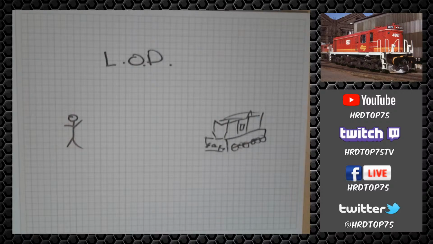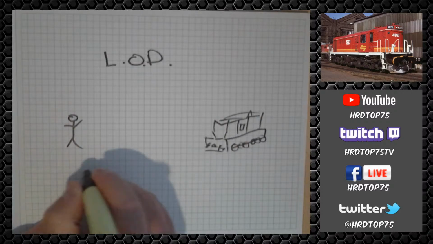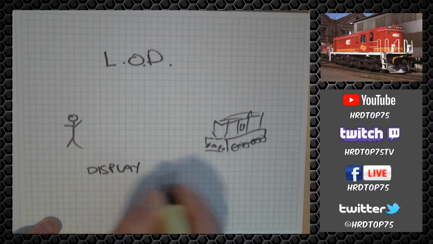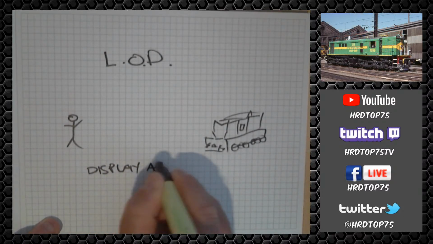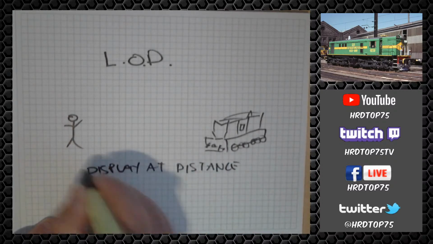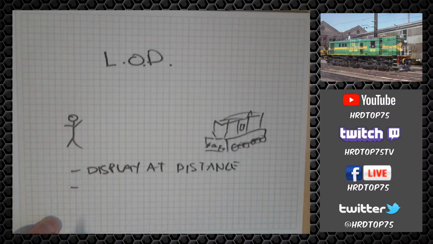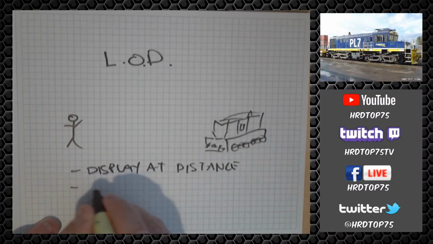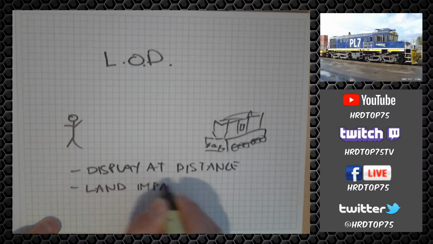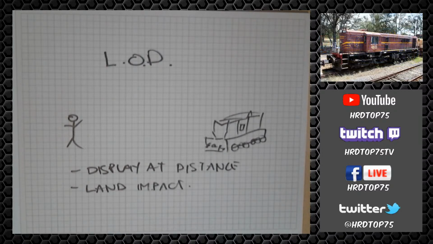So, 2 things: display at distance, and that also affects land impact. 2 things that fight amongst each other continually. 2 major things.